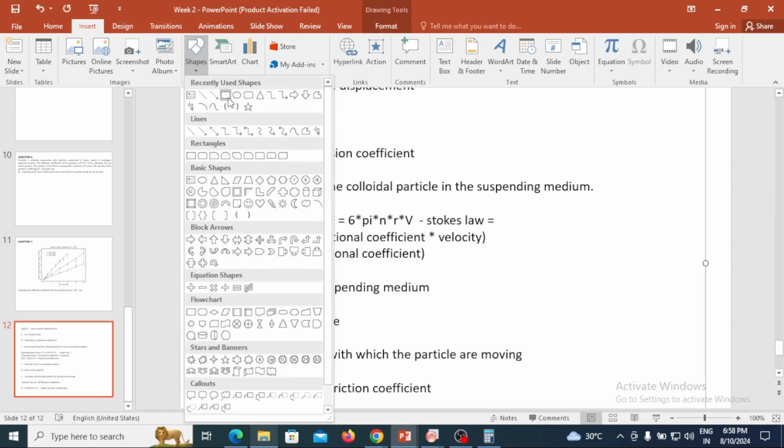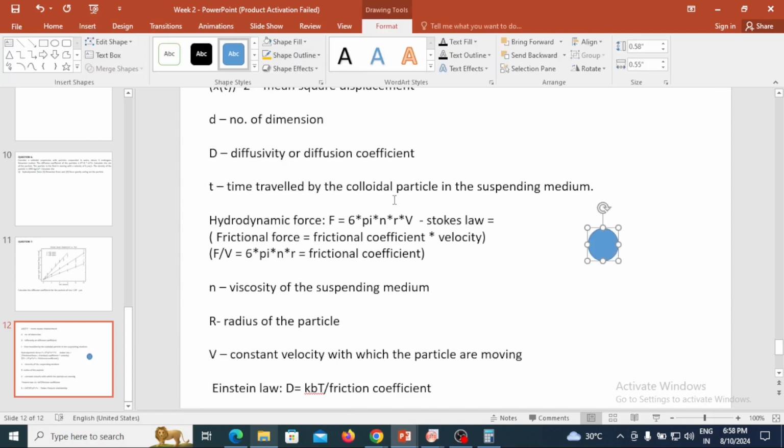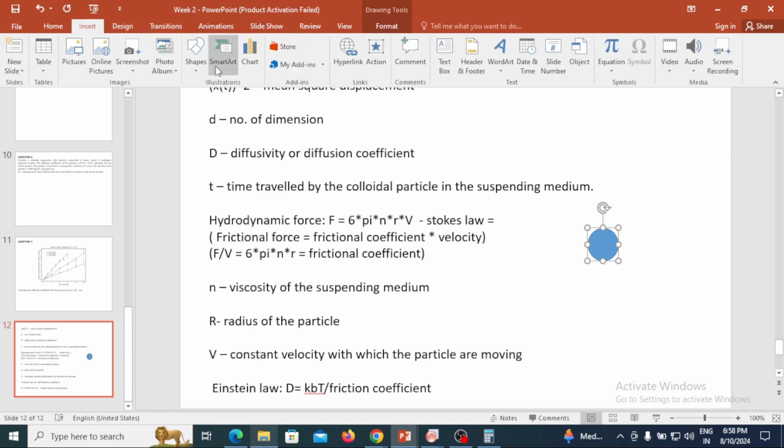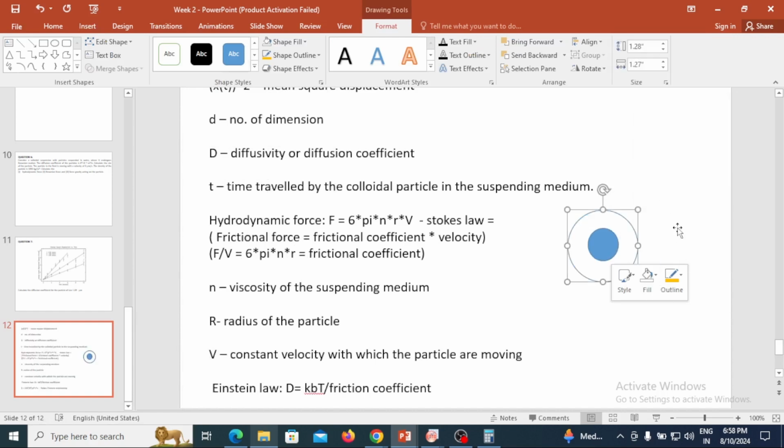If you assume that this is the particle, since it is suspended in the medium, some of the liquid molecules will cover the surface of the particle. Due to this, the diameter that you calculate from the DLS technique will be much greater than the actual diameter of the particle.